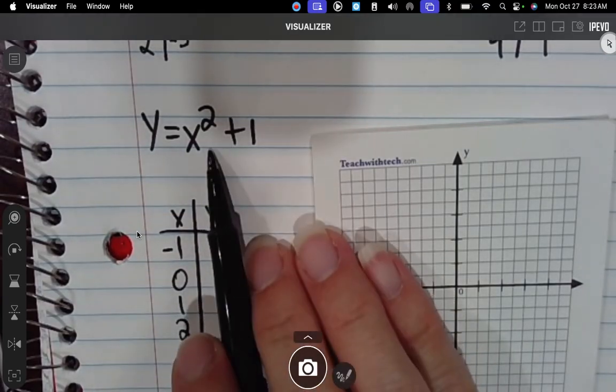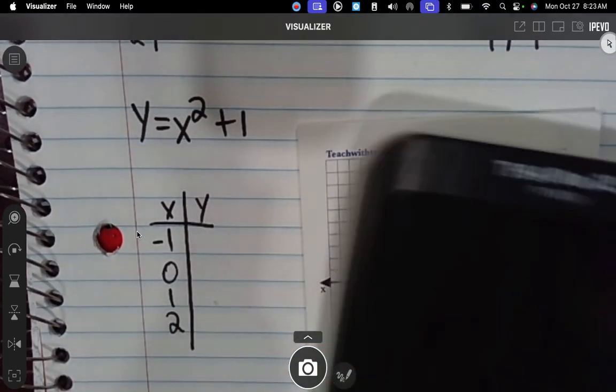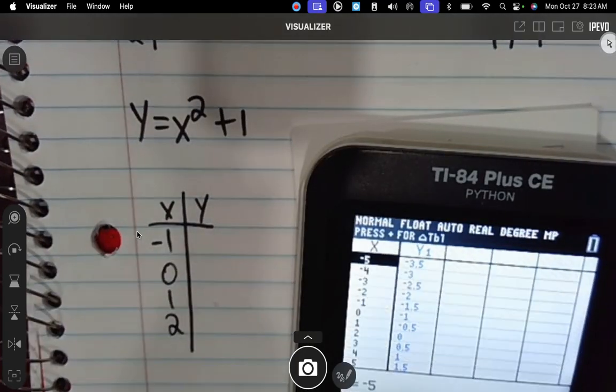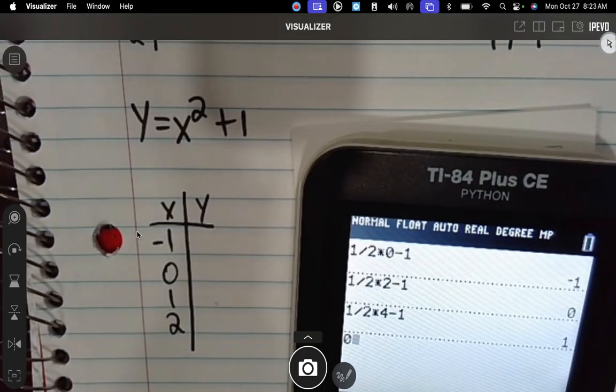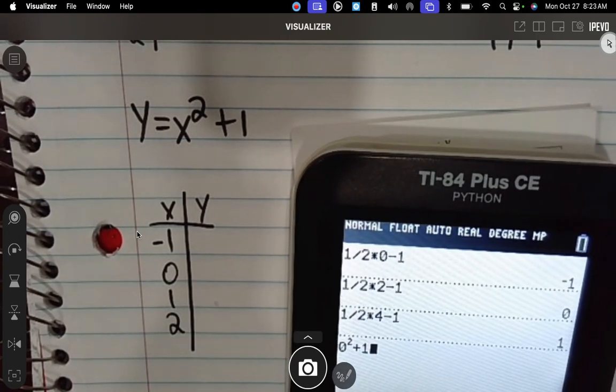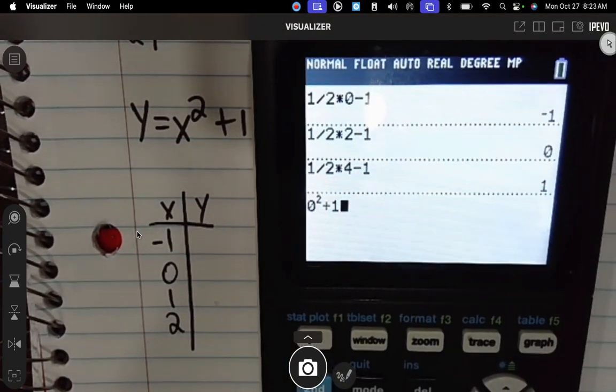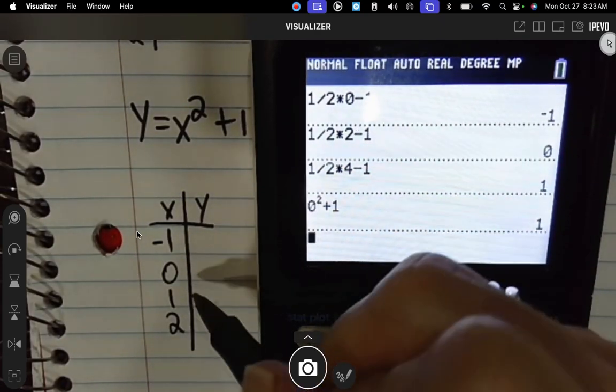So if I plug in 0, all right, I would get 0 squared plus 1. And make sure you type that in correct. 0 squared plus 1. And it's 1.